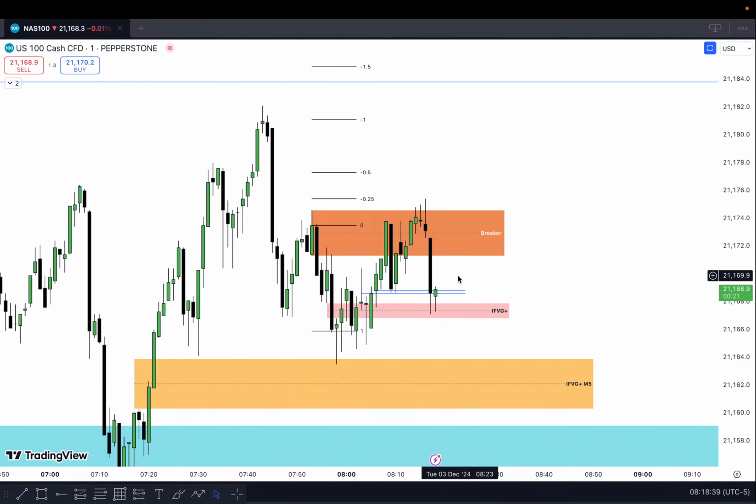Yes, so 10 a.m. is the news, so maybe at 8:30 it will consolidate also. Okay, this is also possible, and then AM silver bullet will be nice.